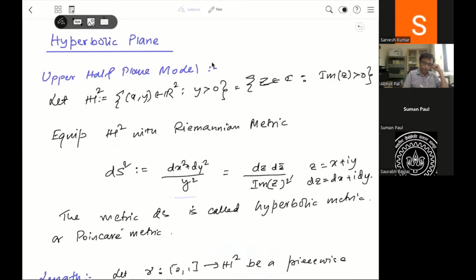Another way you can express this Riemannian metric is in terms of complex numbers: dz times d z-bar, divided by the imaginary part of z squared, where z is equal to x plus iy. This definition you have already seen. This Riemannian metric we'll call the hyperbolic metric or Poincare metric.